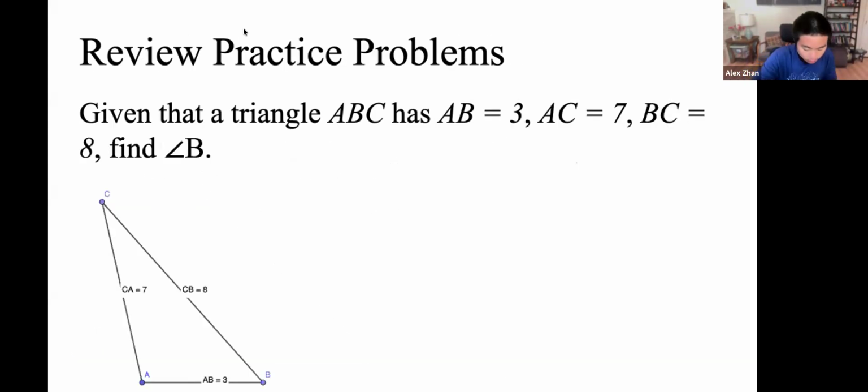Okay, next question. Given that a triangle ABC has these lengths here, find angle B. Does anyone have any ideas about how to approach this problem?